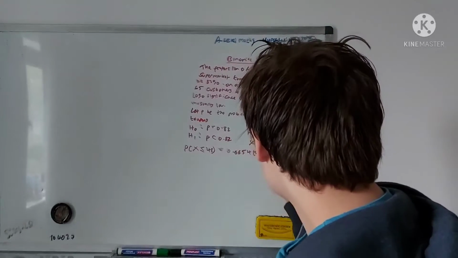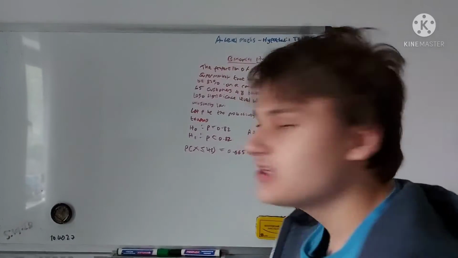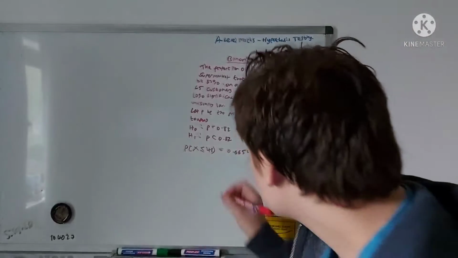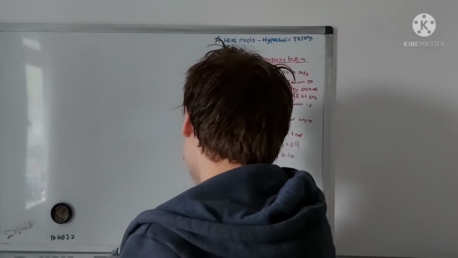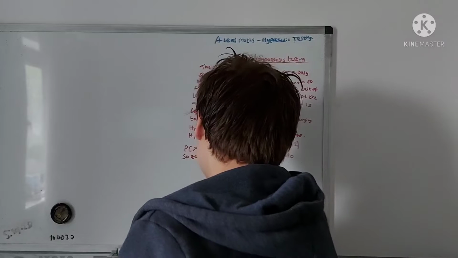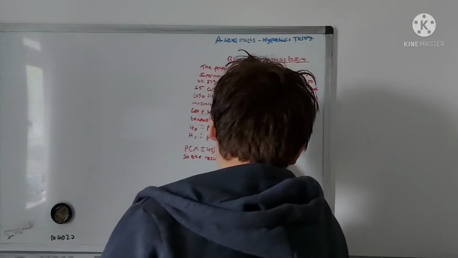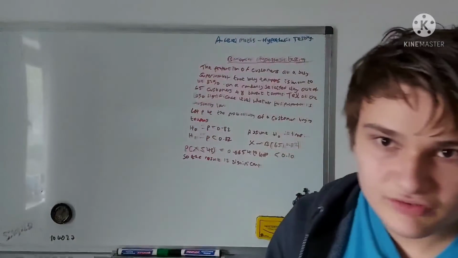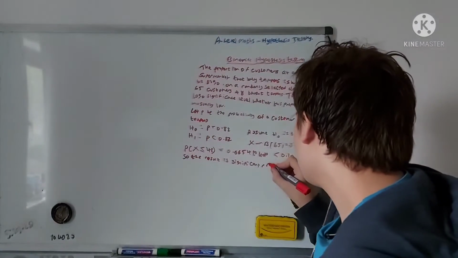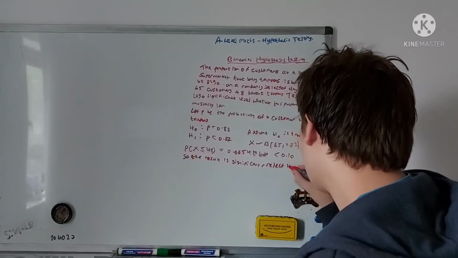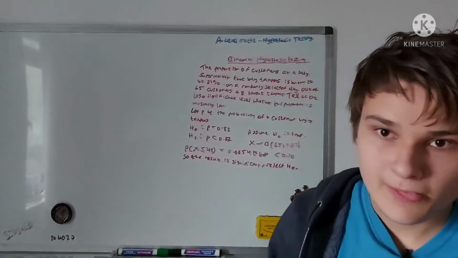Which, is that less than the 0.1 significance? Yes, it is. Very much less. So, the result is significant. Okay, if the result's significant, what do we do? Well, we reject H0. Okay.